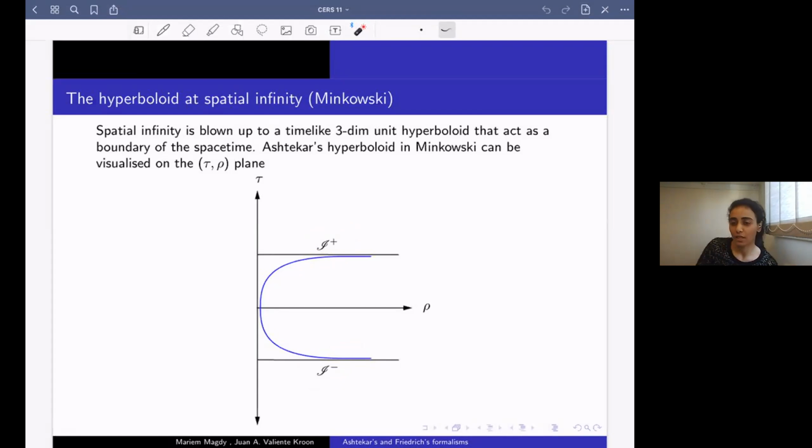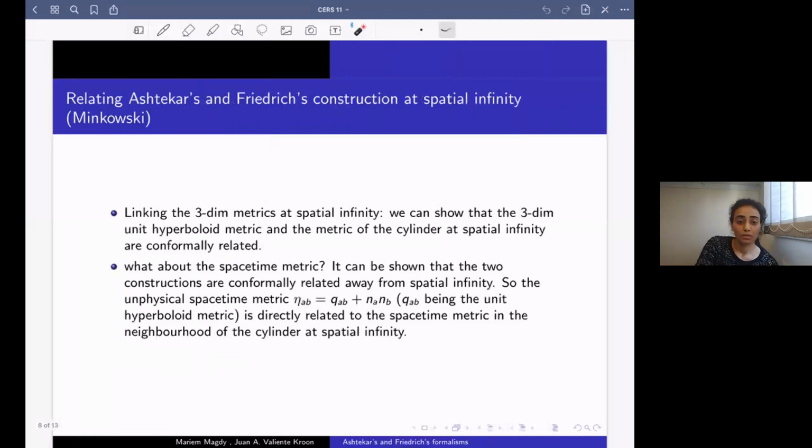This is also one of the issues that we address in our definition of the spacetime metric when we look at relating the two constructions for general spacetimes. Initially, what we did is look at relating the Ashtekar and Friedrich constructions in Minkowski so that we can use this as a guide for a more general spacetime.